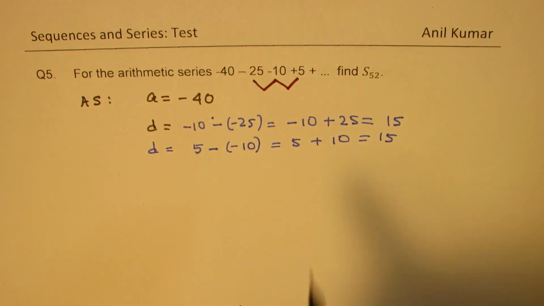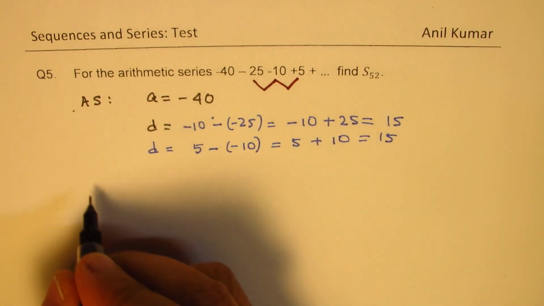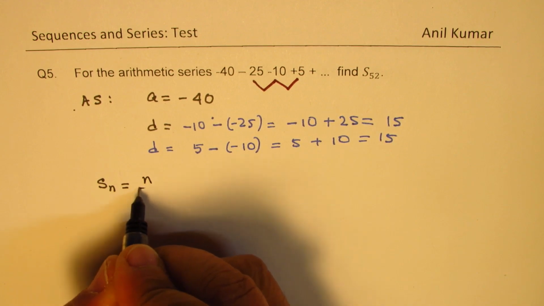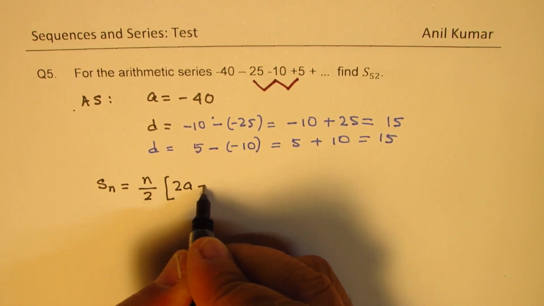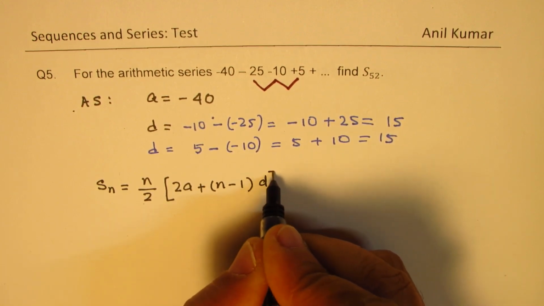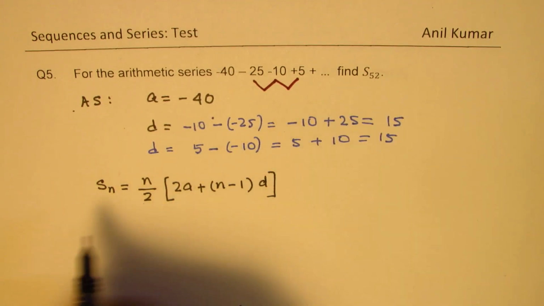Now we need to find the sum of 52 terms. Whenever you have an arithmetic sequence, the sum of n terms is equal to n over 2 times 2a plus n minus 1 times d, right? So that is the formula. Now here we know all the terms. We need to find S52.